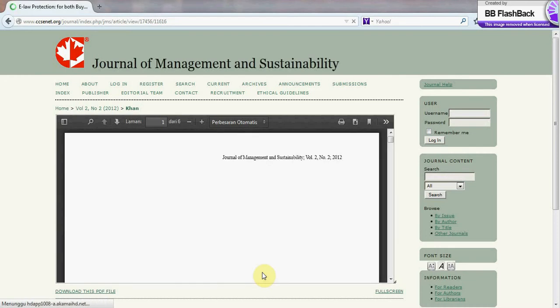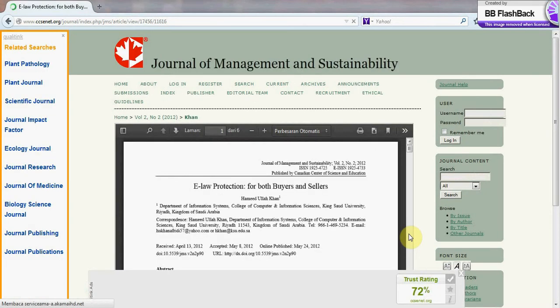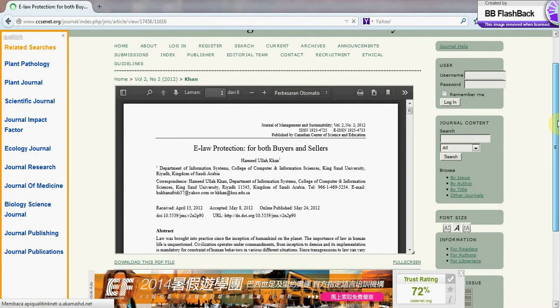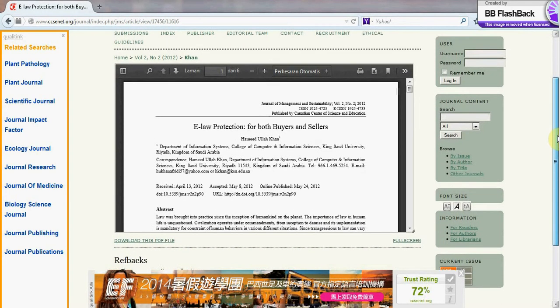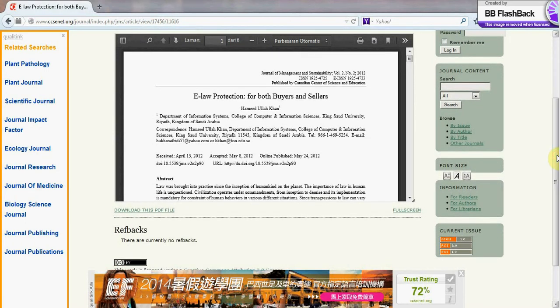This is from the Journal of Management and Sustainability from CCSE. What is CCSE? CCSE is the Canadian Centre of Science and Education. This journal article was written in 2012 by Hamidullah Khan from Saudi Arabia.